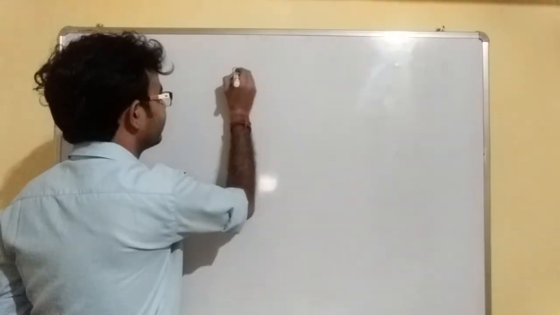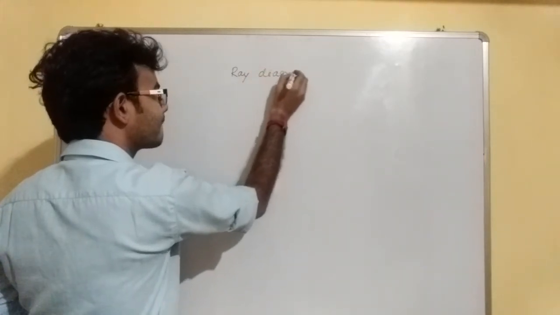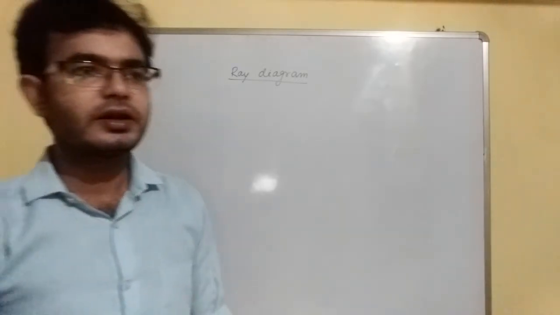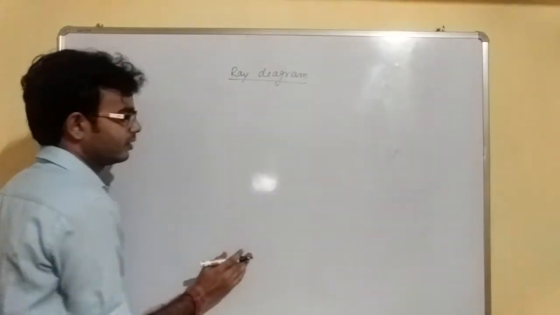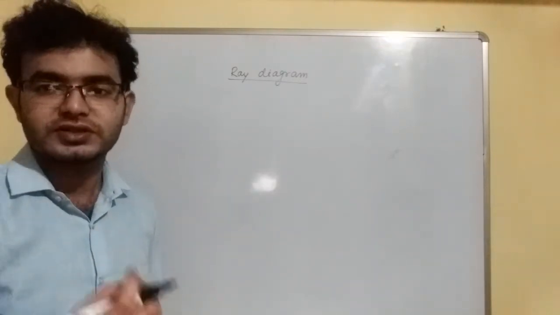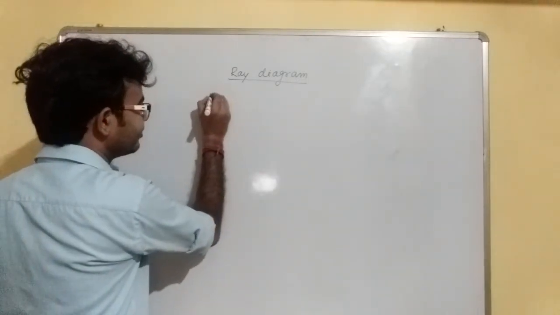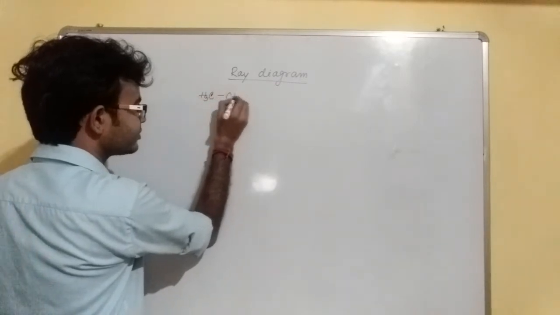Ray diagram. Ray diagram is like this one. How to draw a ray diagram, and how to write the formula or structure from the ray diagram is given. Suppose we can write CH3 single bond CH3.